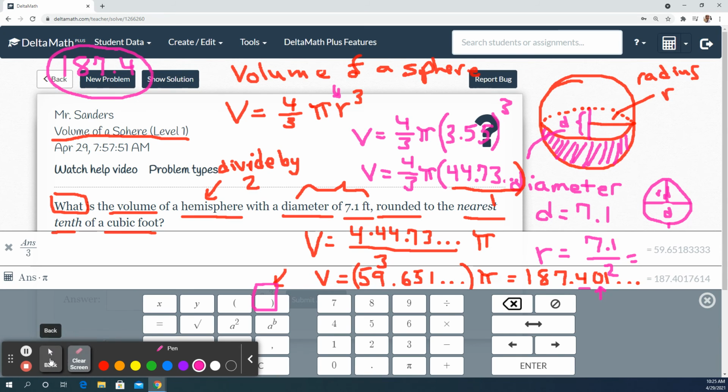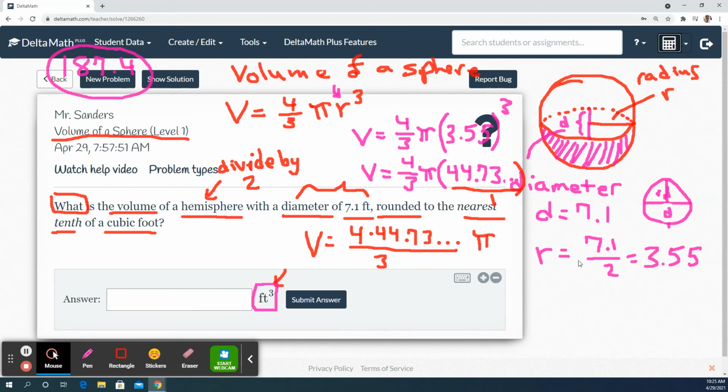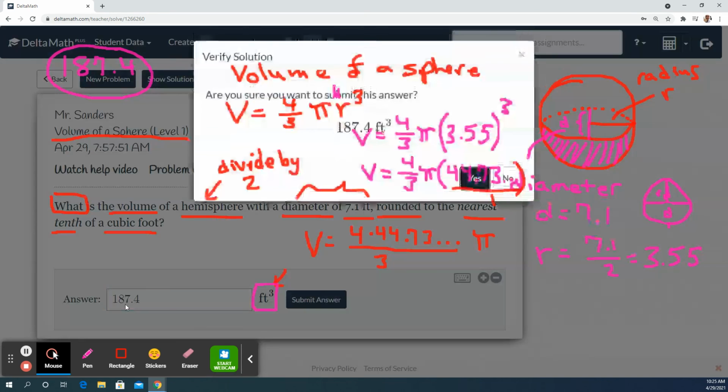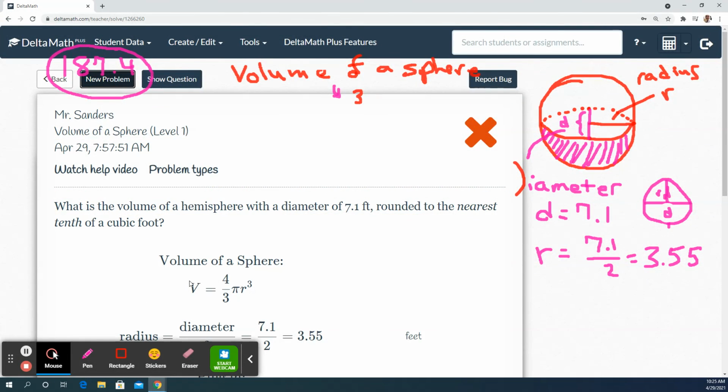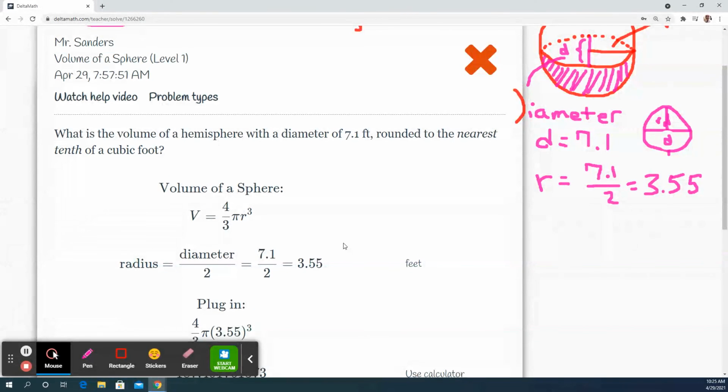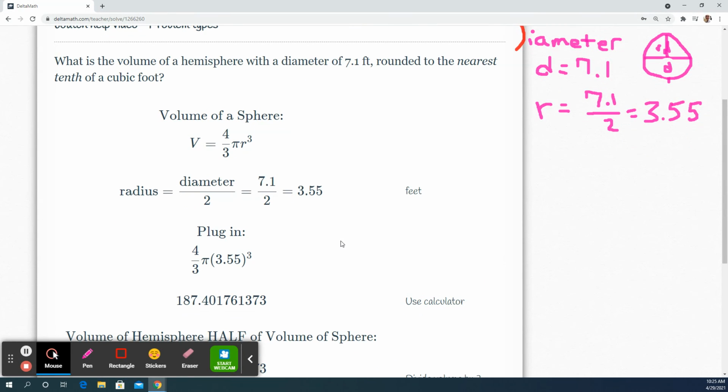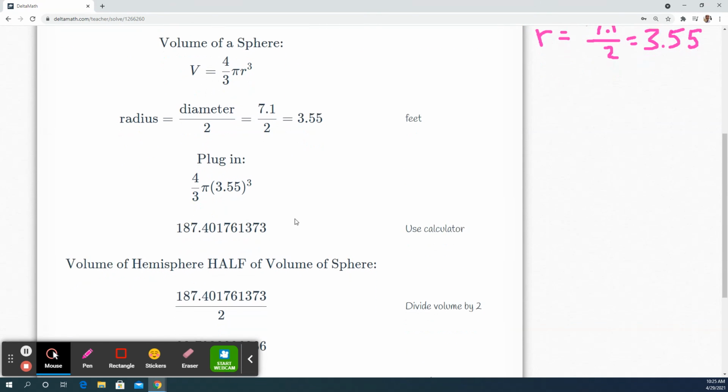All right. Let's see how we did. Go ahead and hide the calculator. I had a feeling it might erase my work. That's why I wrote it up here. Good. So I got 187.4. Let's see what our mistake was. 3.55, we used that.